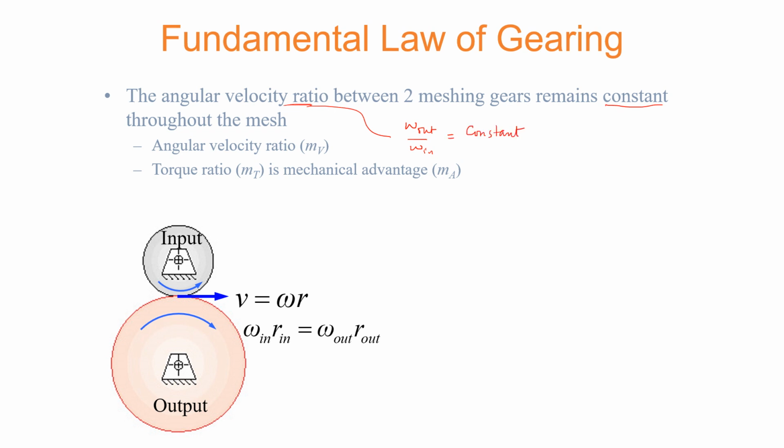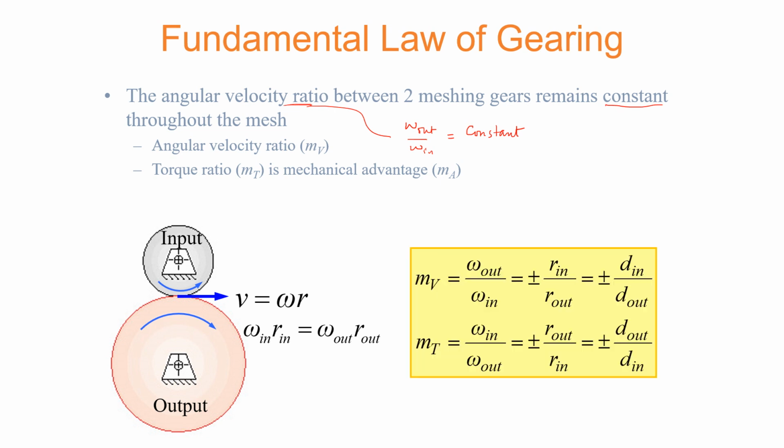But this constant is going to be dependent on geometrical features, and that was what we discussed last time. With these expressions in mind, we said that the angular velocity ratio mv is going to be equal to omega out over omega in, but this is going to be equal to r in over r out, which is the ratio of the radii of the meshing gears, which is obviously going to be equal to the ratio of the diameters as well.